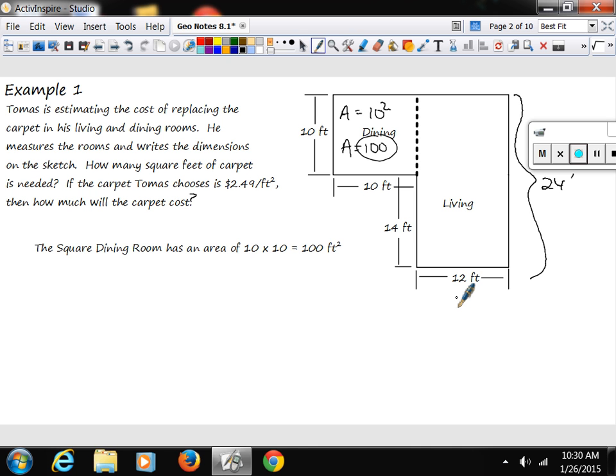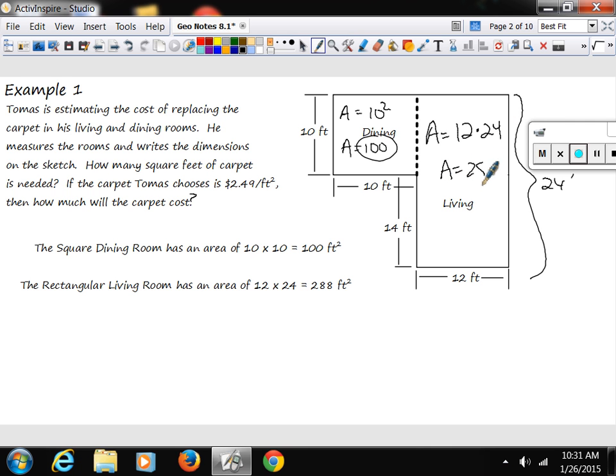And so your rectangular living room has an area of 12 by 24, which is 288. So inside the picture, I might put A equals 12 times 24, and then 288. And then circle that because those are the areas of each shape. So I've got an area for each shape.